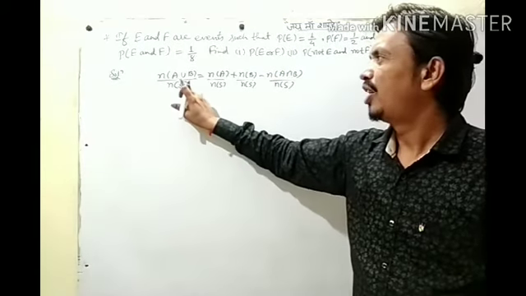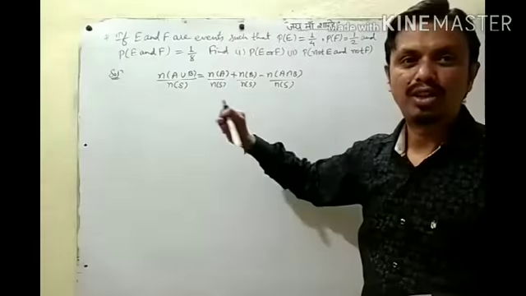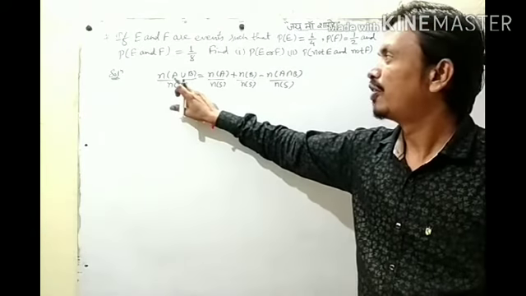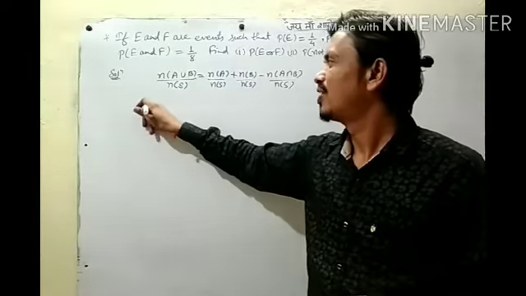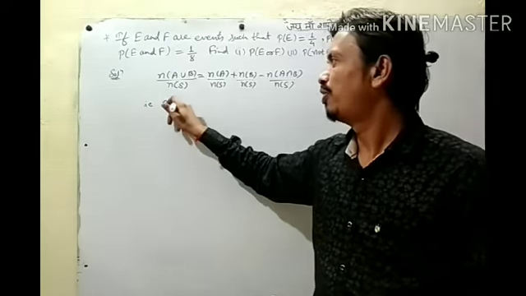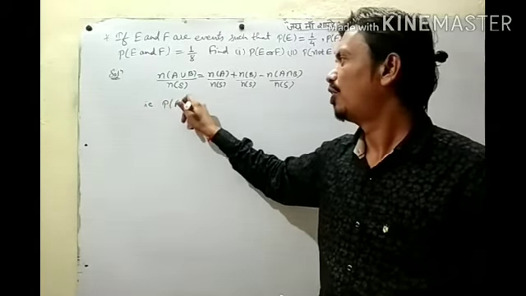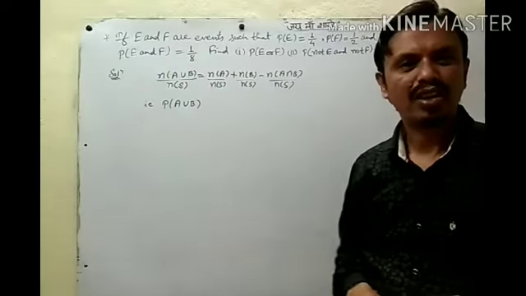Number of elements in A union B, A or B, right? Union means or, so elements of A or B upon elements in S. So we can say it is probability of A or B. Okay?